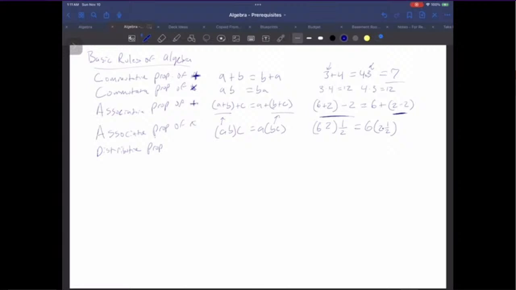And there is one of both, well, I guess it's a combination property of multiplication and addition, so it's not the distributive property of addition or anything like that.